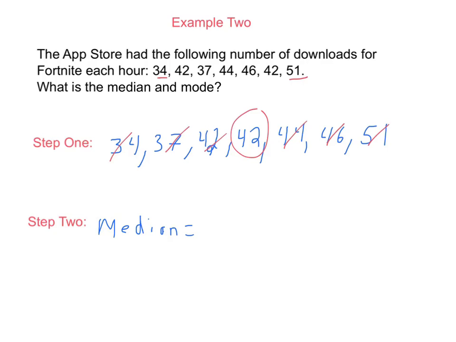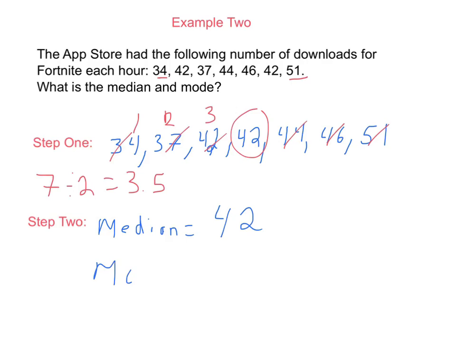Or you could go 1, 2, 3, 4, 5, 6, 7, like we talked about, and divide by 2, because that'll find us the center, which again is 3.5, which means it's right after the third number. And if we look, 1, 2, 3, there's the middle. So whatever works. I personally like dividing, but if you like to cross out, that works as well. So our median number is 42.